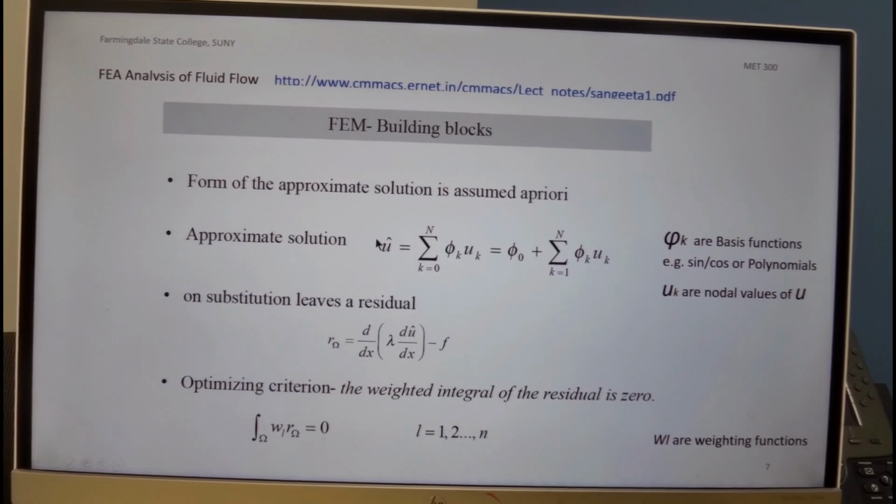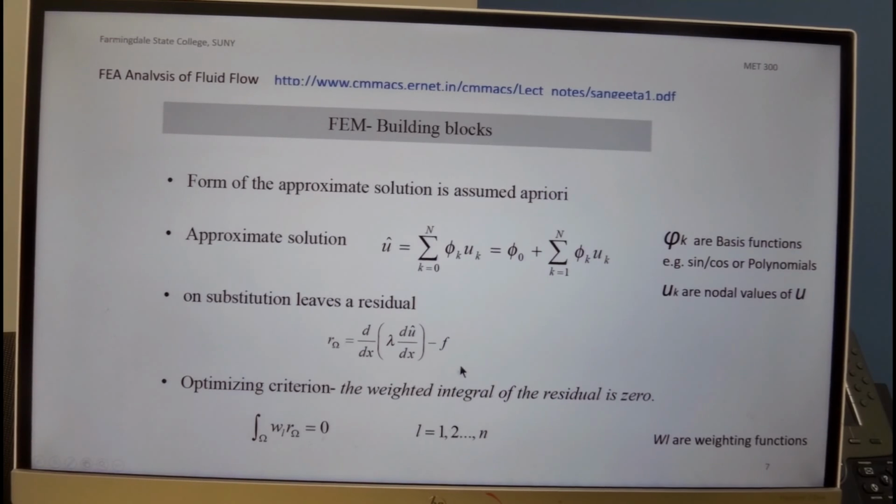And when we plug this assumed solution into the original equation that represents the phenomena, then u, which was originally here, becomes u hat. And then the whole expression does not equal 0 because this is an approximation. It must leave a residual.